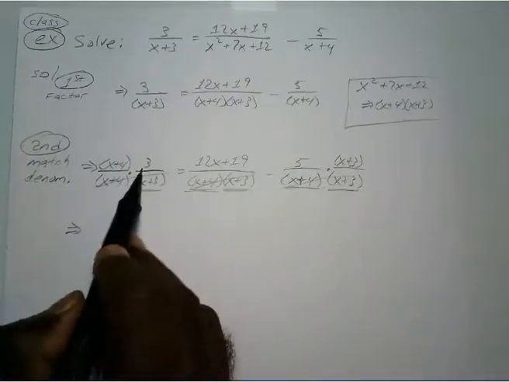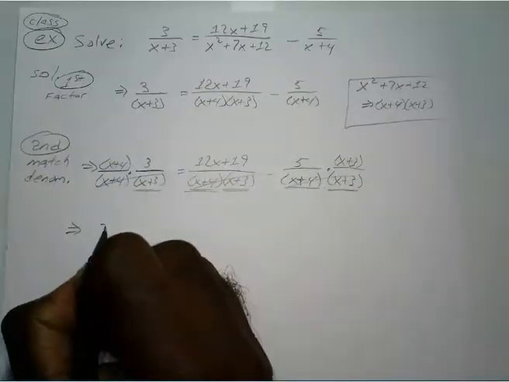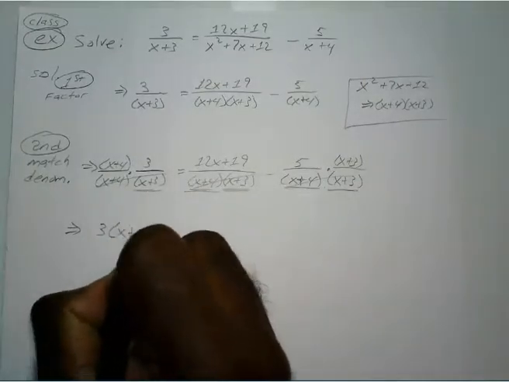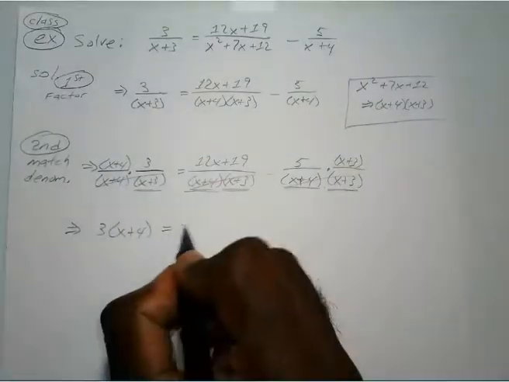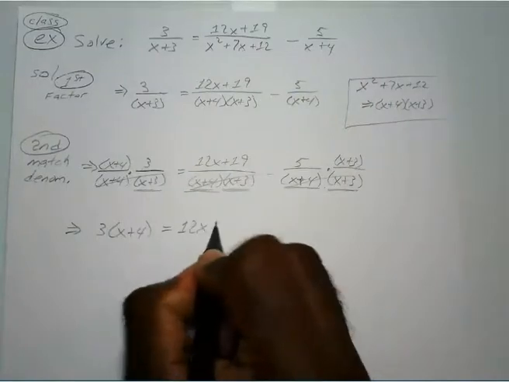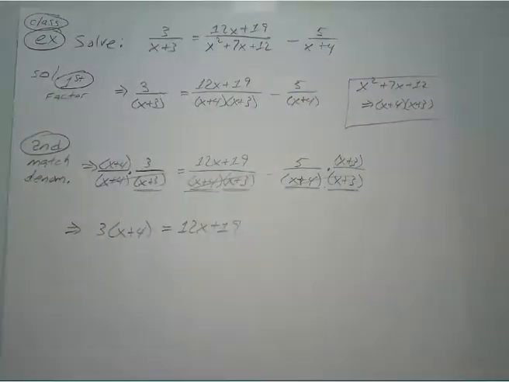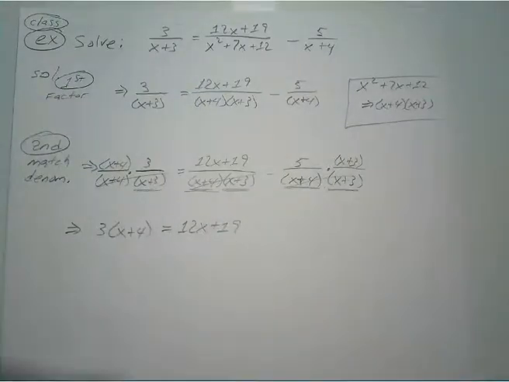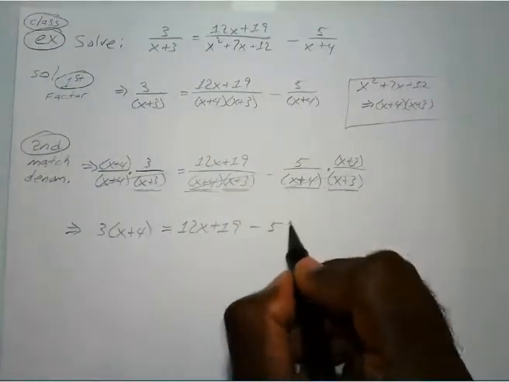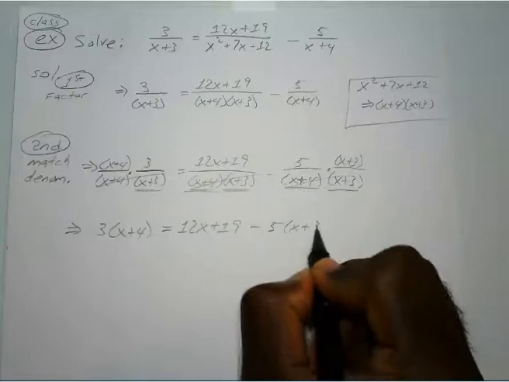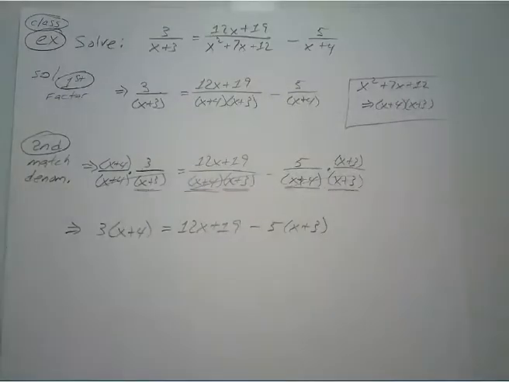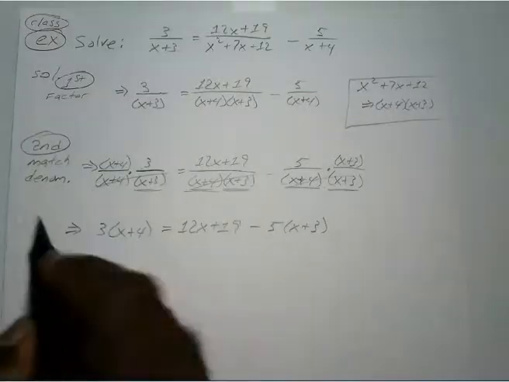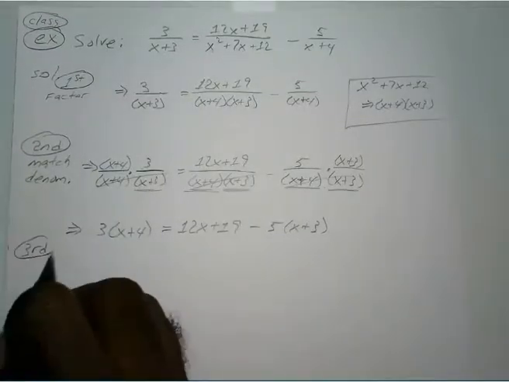Okay, so we have 3 times x plus 4 equals 12x plus 19. That's positive, so we don't really need parentheses around that one. Minus 5 times x plus 3. All right, which pretty much brings us to our next step, which is to solve.